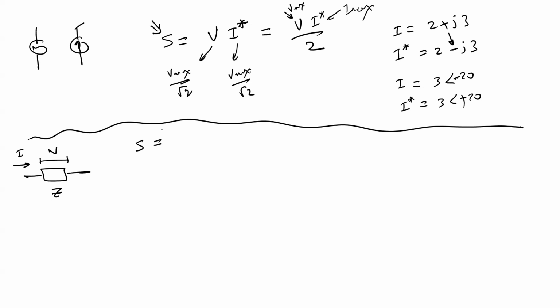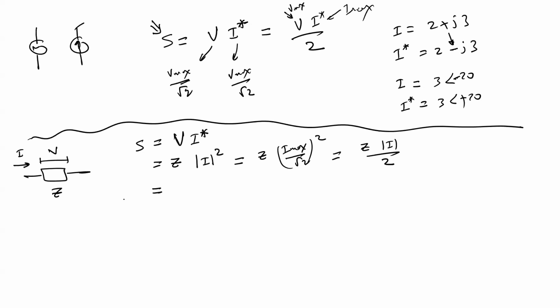Number one, similar to what we did before, it can be V I asterisk. It can also be Z times the magnitude of I squared, which is actually Z I maximum squared divided by 2. That's why you can find this one in the textbook as Z I squared divided by 2. Okay, but anyway.